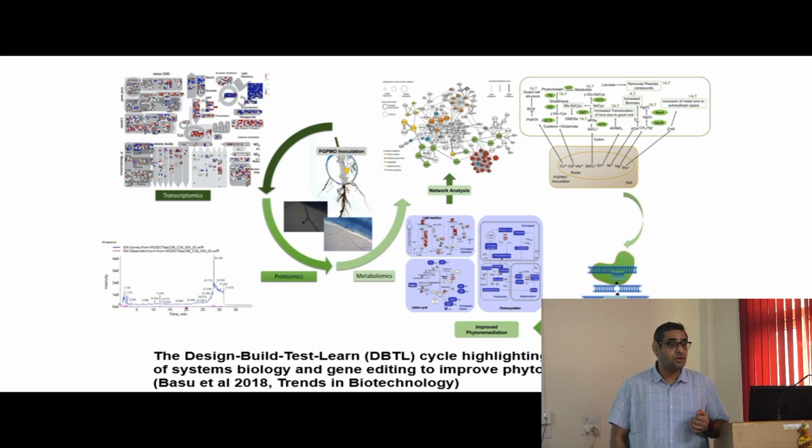When you have the proteome, metabolome and transcriptome data available, you can build the network. When you are able to show the network, you can look at what the key networks are, like if you want to improve some capability of a particular microbe or gene. For that you need to understand how this gene is triggered.